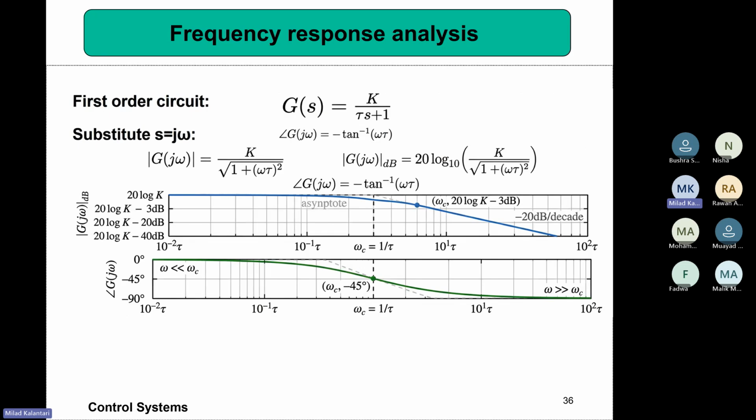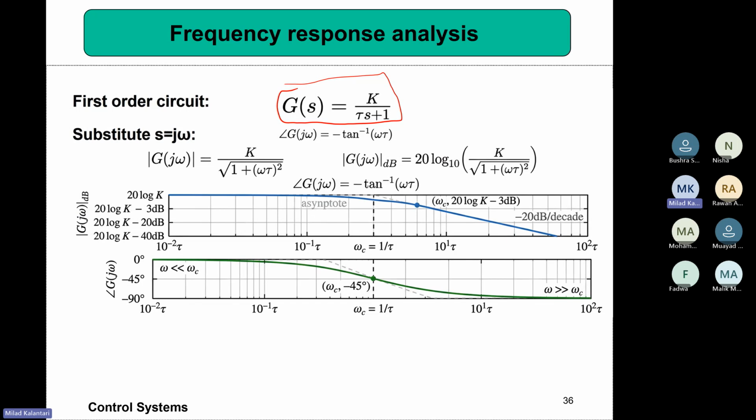right? Once you have the system with G of S, let's say, right? This is the first order. So once you apply a sinusoidal input, what will happen? As you saw in the study of phasors in circuits, right? Once you have a sinusoidal input, you can just focus on the final steady state values, right?